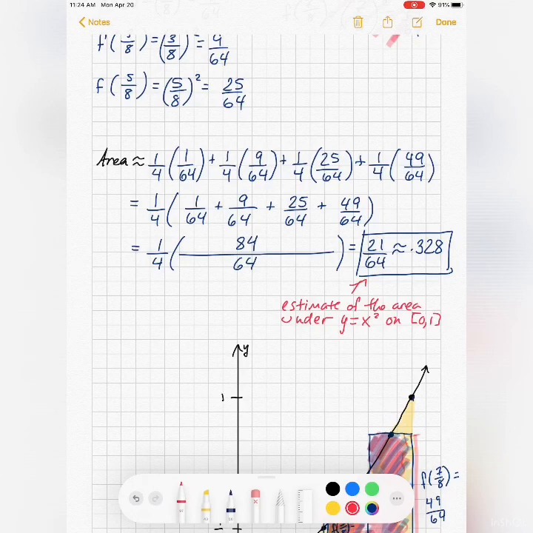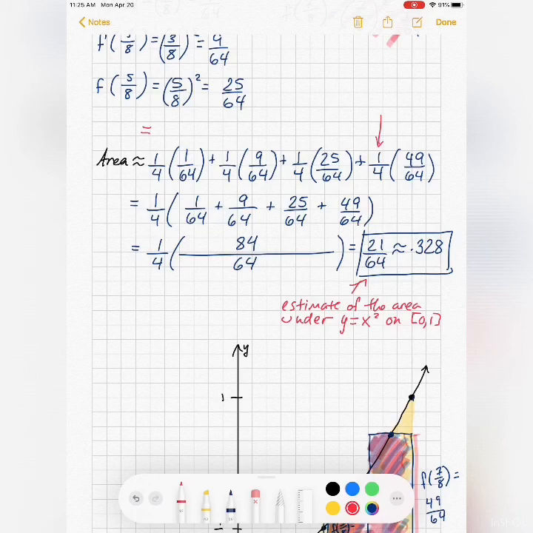Okay, so should I say anything else about this? Let me just point out a couple things. This expression that I have over on the right here, this guy has a special name. So what I actually have here is, if I have, say, n subintervals, well, let me say it this way.